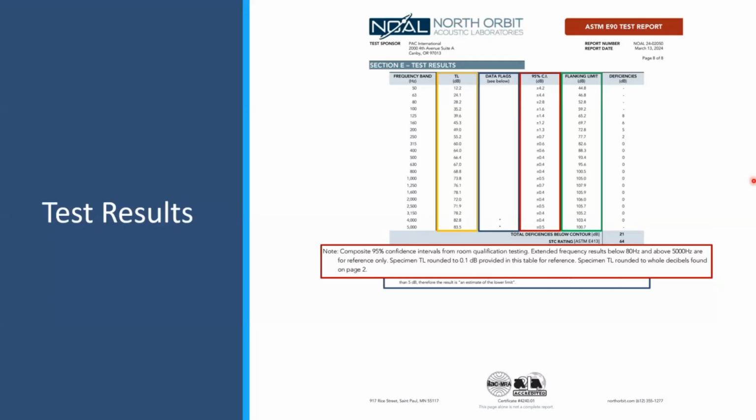That's not the case. As best I can understand this from rereading the standard last night, which changed my understanding a bit again, you can see in this note it says composite 95% confidence intervals from room qualification testing. That's the room qualification testing we saw some notes about before, where the lab has met the qualifications within E90.